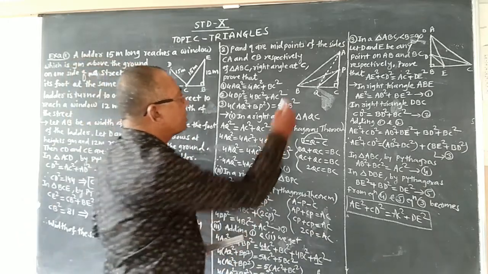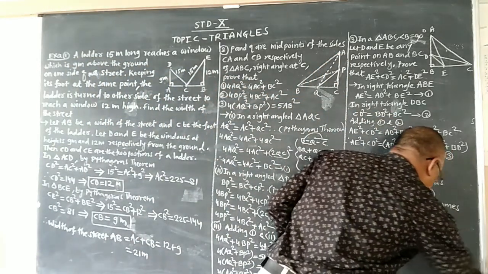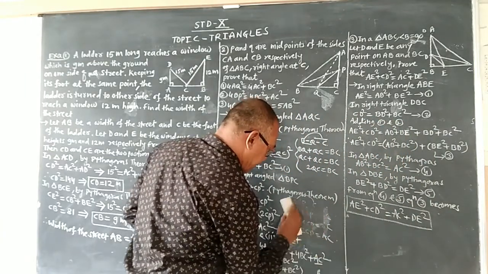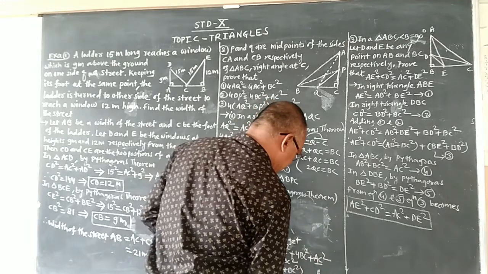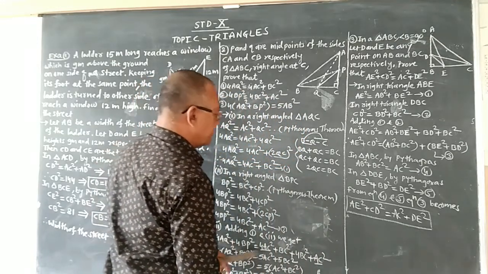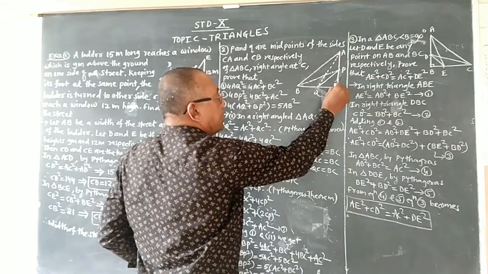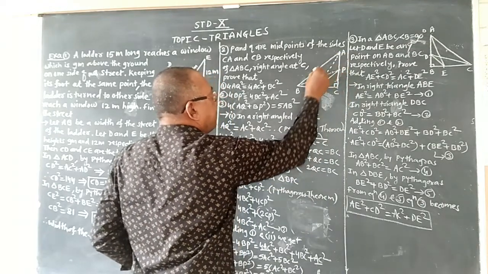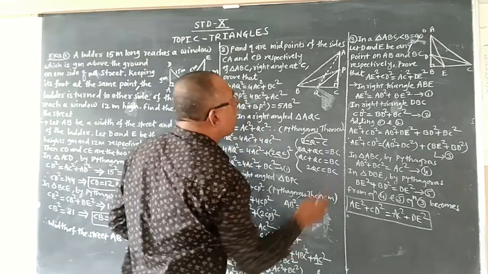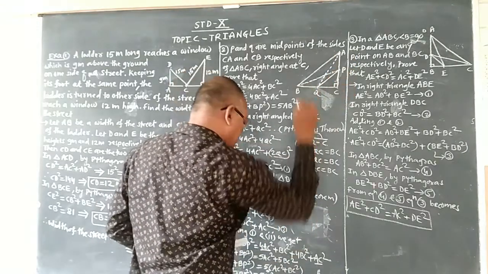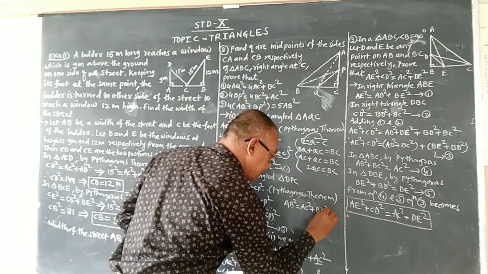Now if we observe our original triangle, that is triangle ABC, in a triangle ABC, here C is the right angle, so AB square is equal to AC square plus BC square.